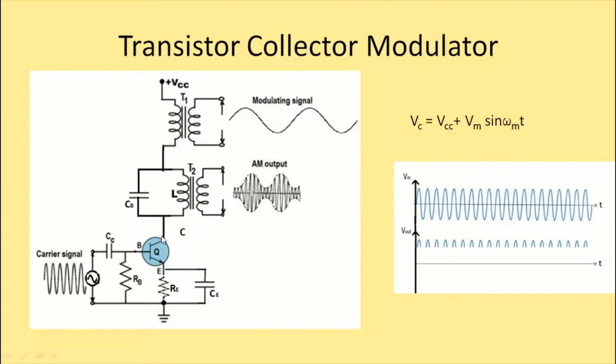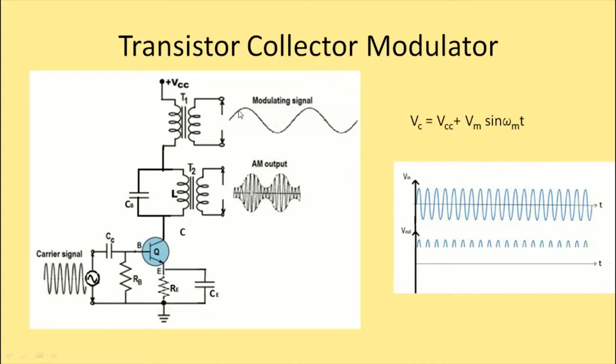Because of that, the spurt generated here will also be of slightly greater amplitude. As a result, when this spurt is applied to this tank circuit, the tank circuit will generate a sine wave which is also slightly greater in amplitude when compared to the previous condition. You can observe it here, the amplitude is slightly increasing.